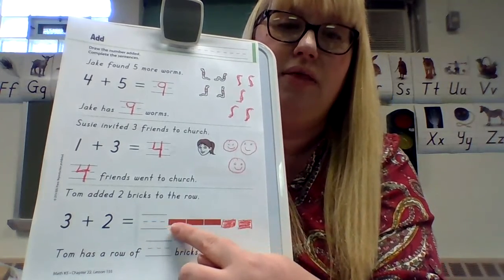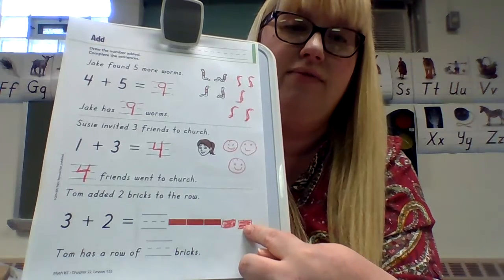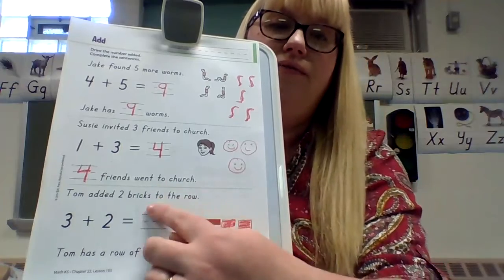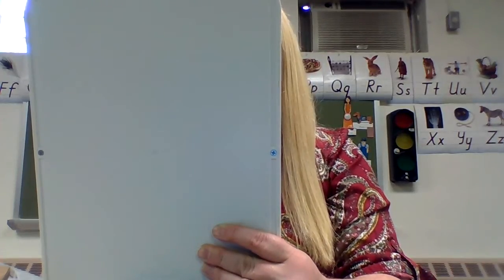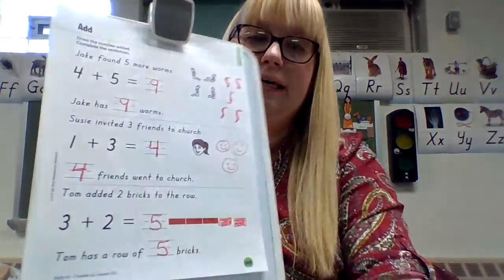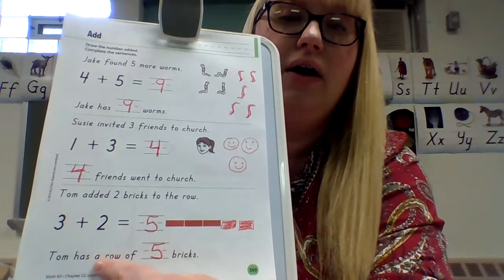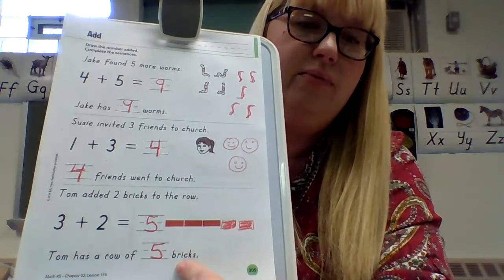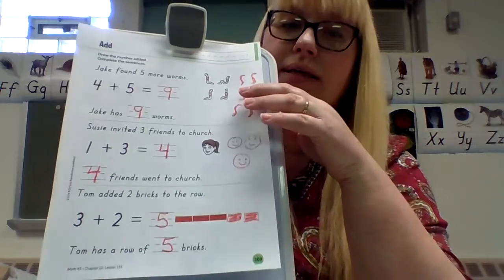So let's count them all together. 1, 2, 3, 4, 5. It's kind of what we just did with our cubes. 5. So write the number 5 and write it down below, and I'll read you the sentence. It says, Tom has a row of 5 bricks. Okay, so that's how that should look.